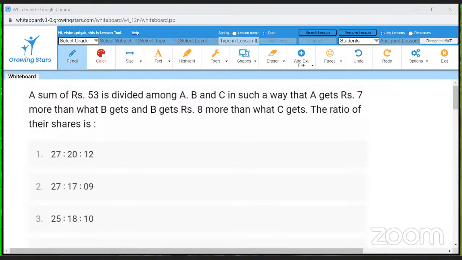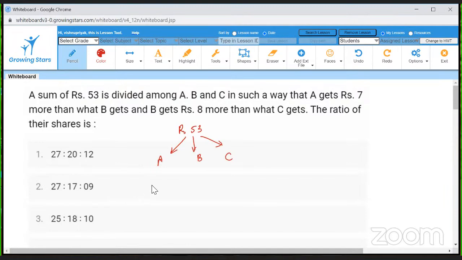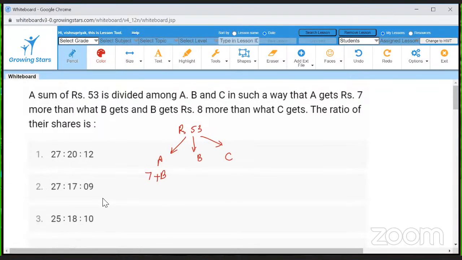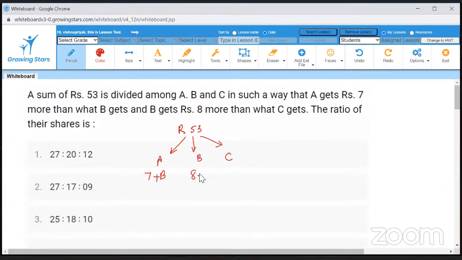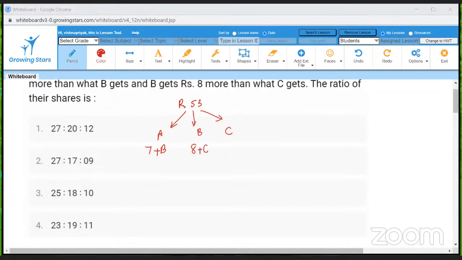Given is a sum of rupees 53 divided among 3 people, A, B, C. A gets 7 more than B, and B gets 8 more than C. The ratio of their shares, how will you write?